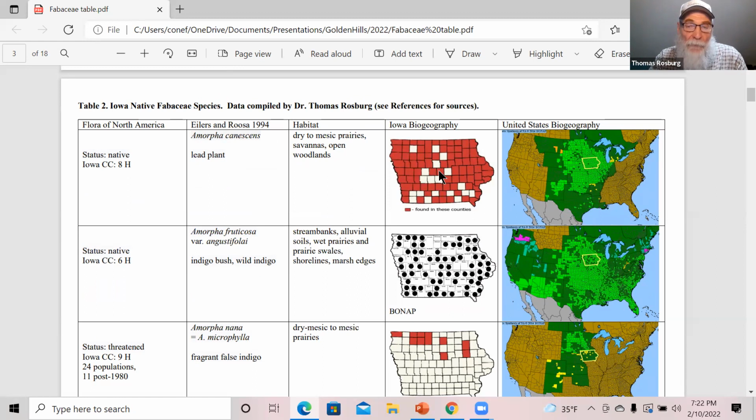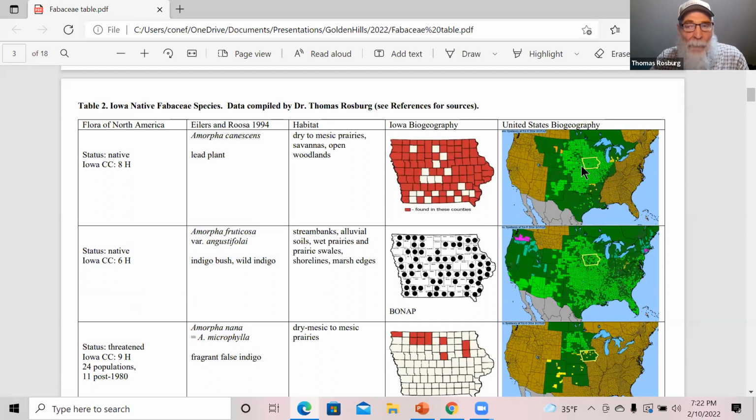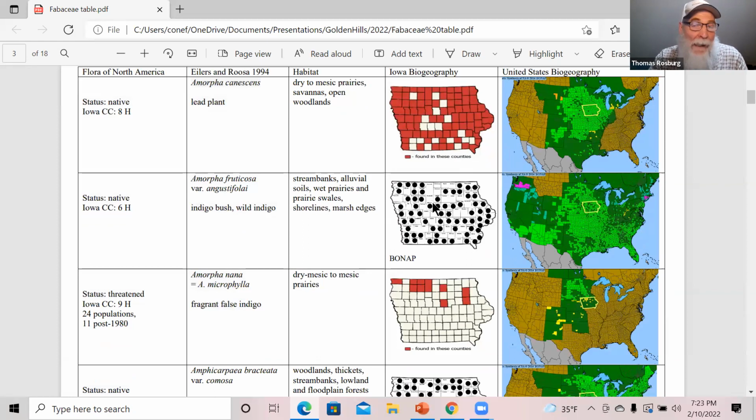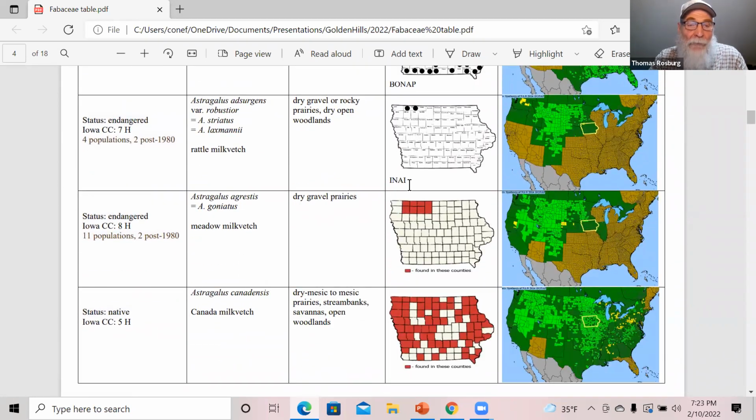So again, you don't want to plant anything unless it was something that was native to wherever you are. So this column again is looking at the biogeography in Iowa. And then this one, of course, these are the BONAP maps, and it shows you the bigger picture of that species distribution in the entire country. If a plant's not in the Iowa Prairie plants, then I put together these little dot maps using BONAP or using the Iowa Natural Areas Inventory, as done right here.